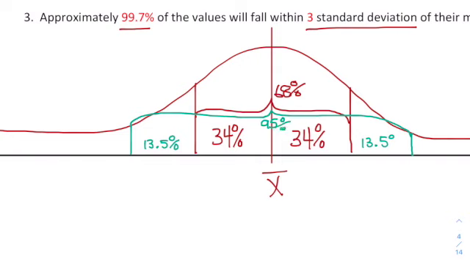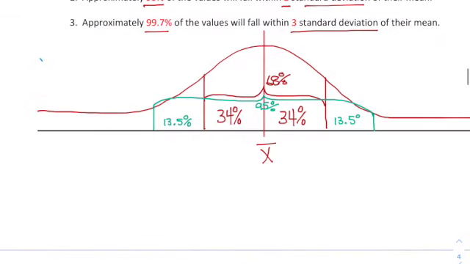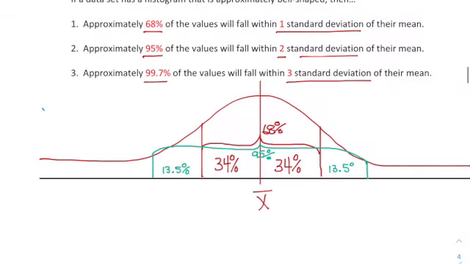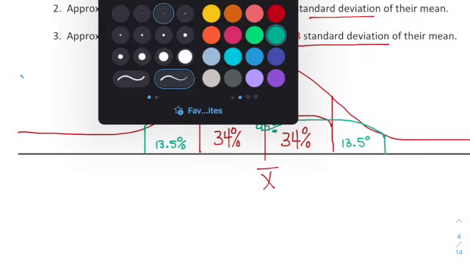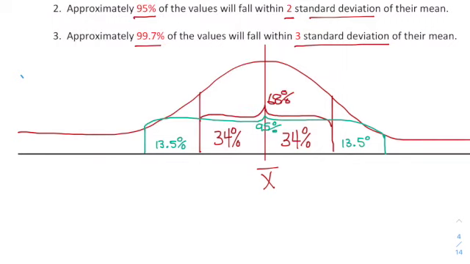Okay? Then you're going to have the third standard deviation, or the 99.7. So now 99.7 is going to be another standard deviation right here. 99.7 divided by 2 is 49.85 each side.